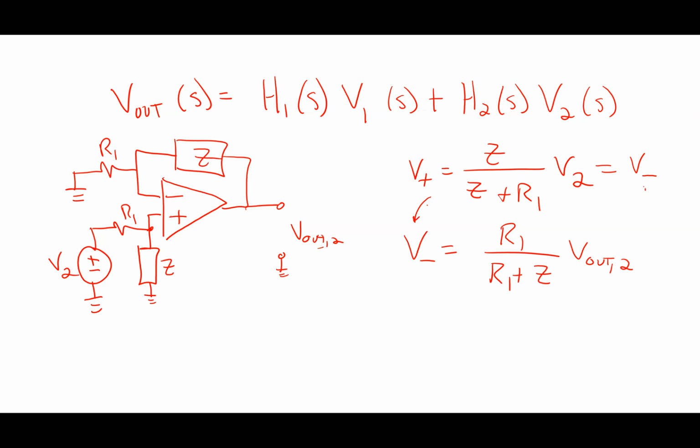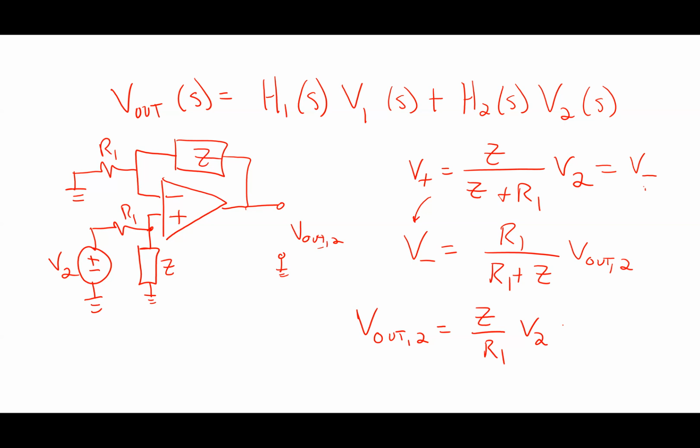All right, what would that end up being? I think it would end up being Z over R1, right? If I put those together, I end up getting V out 2 is equal to Z over R1 times V2.